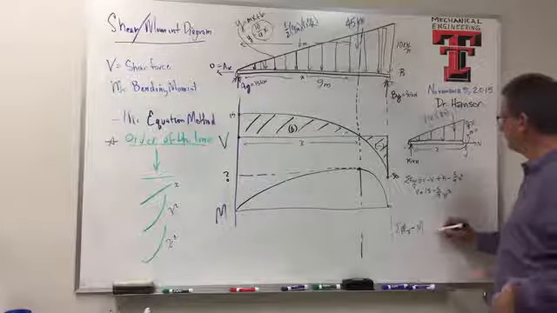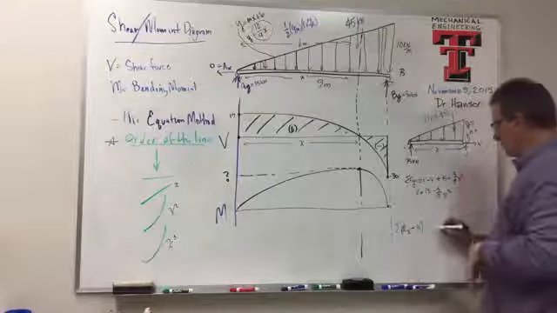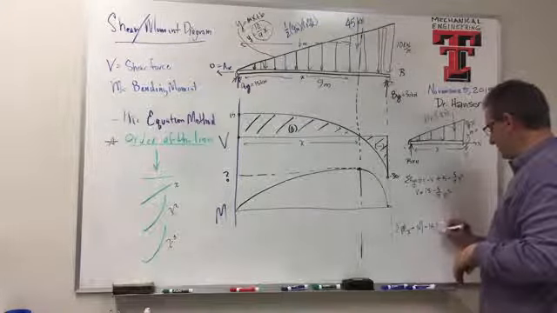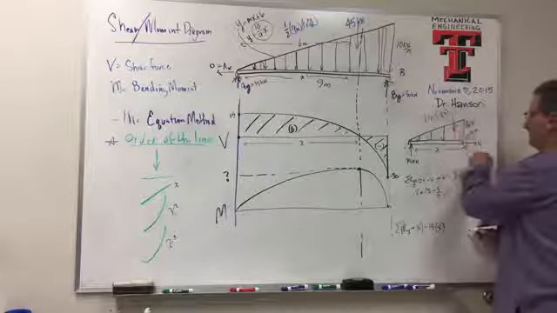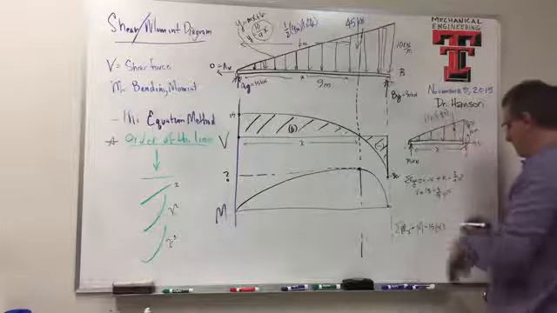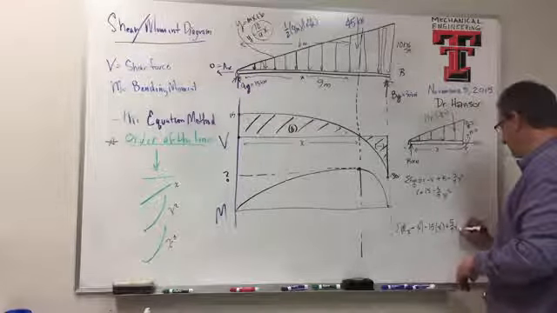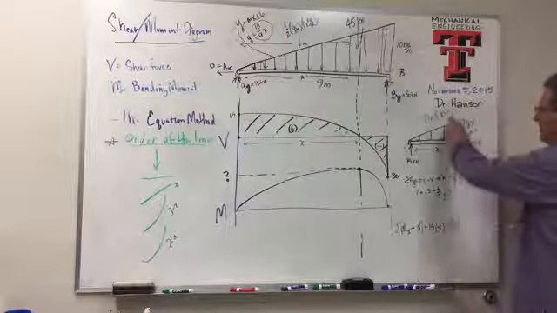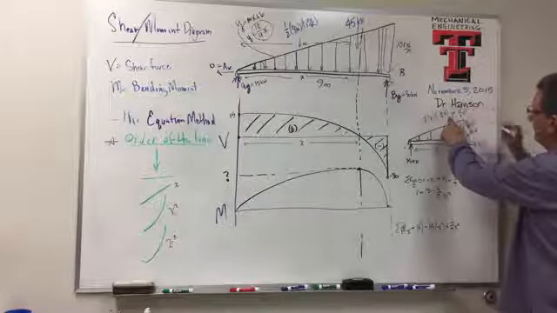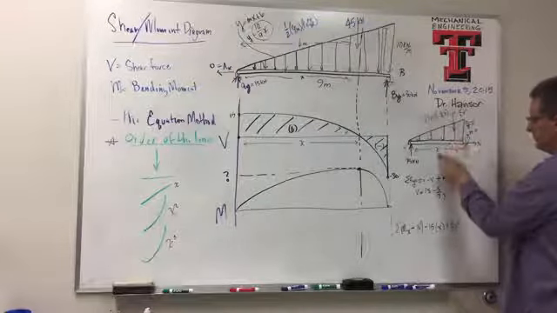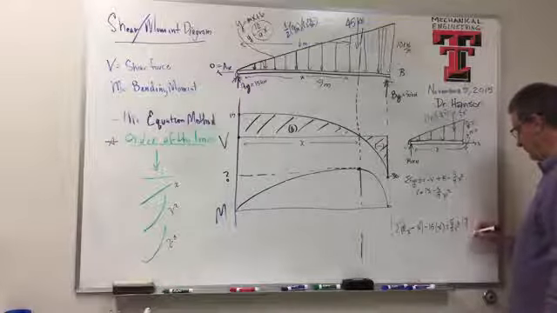So there's M, then minus 15 times x going clockwise, and then this going counterclockwise is positive: plus 5 ninths x squared, times the distance, which is 1/3 of the base, x over 3.